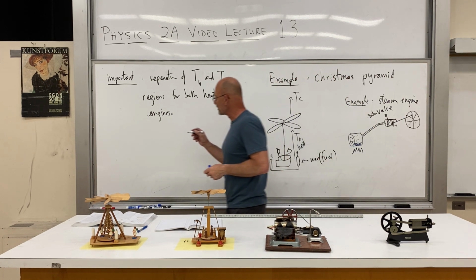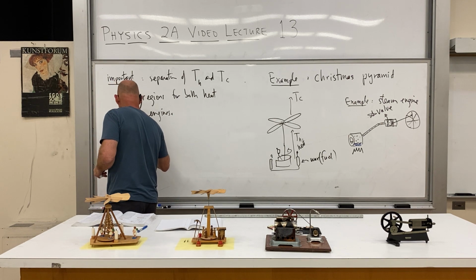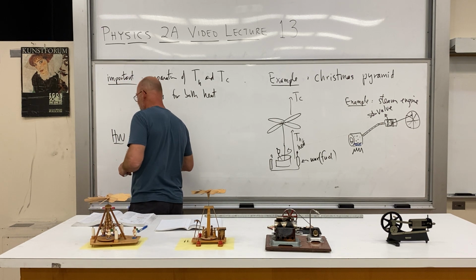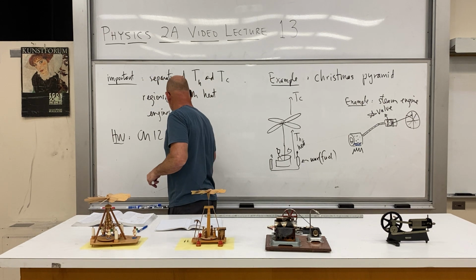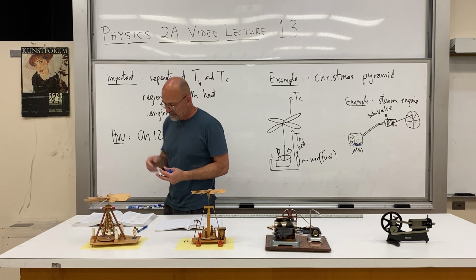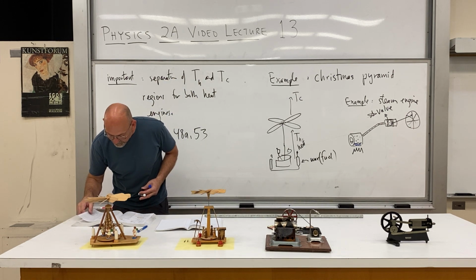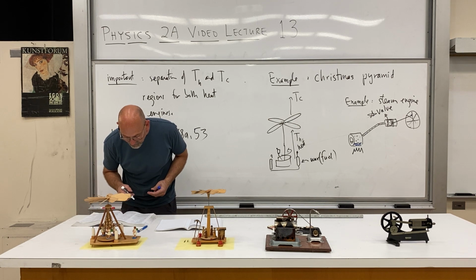Good. Let me write down what the homework problems were that I thought we would do. This is from chapter 12, and I have here 48A and 53. Maybe I could find one more good one for you. These are both of entropy.